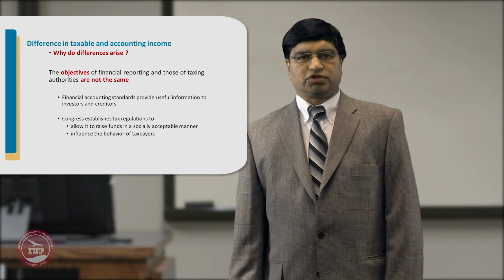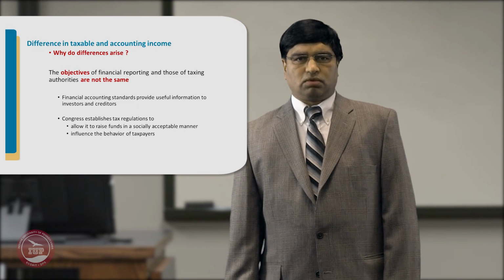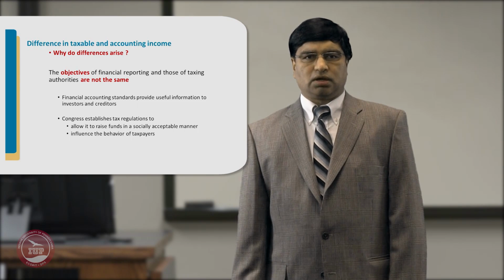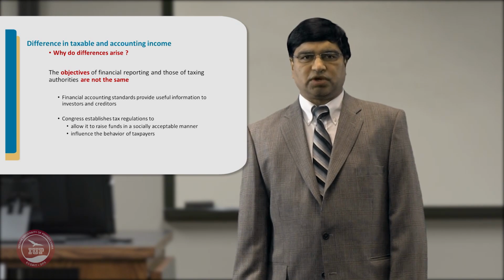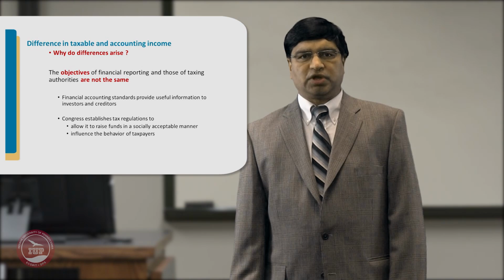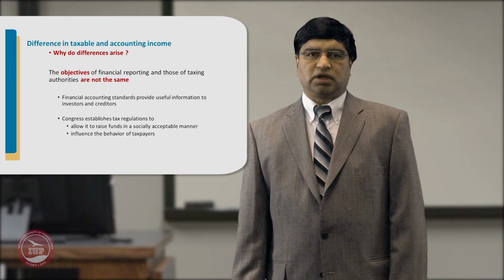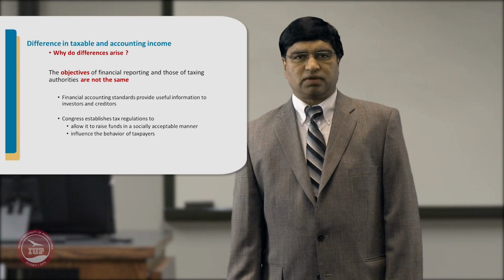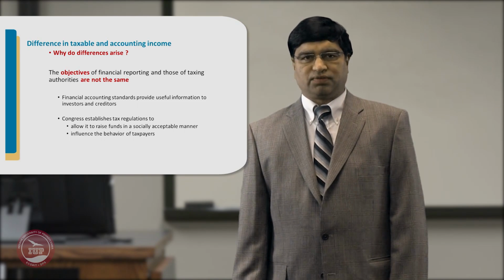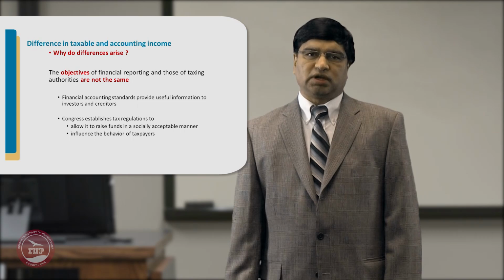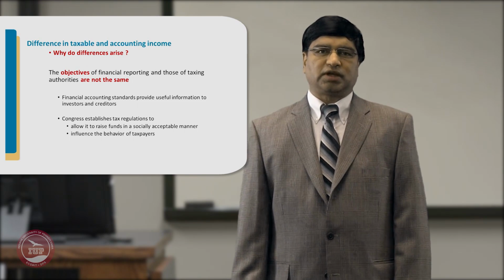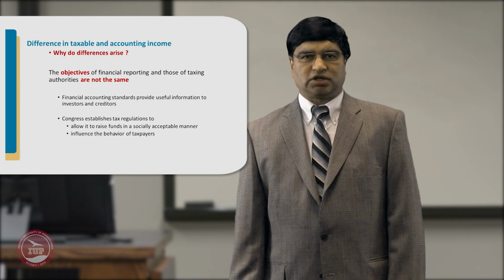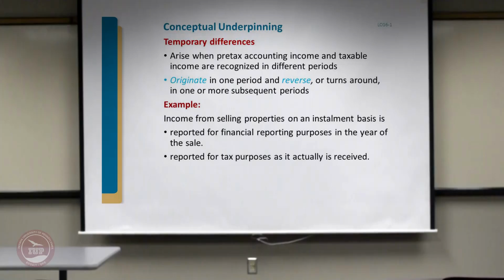The tax law was made by Congress to raise funds in a socially acceptable manner and influence the behavior of the taxpayers. The FASB provides the information to investors through the financial statements. So the purpose is different, and therefore sometimes differences might arise between the income under accounting and for tax purposes.